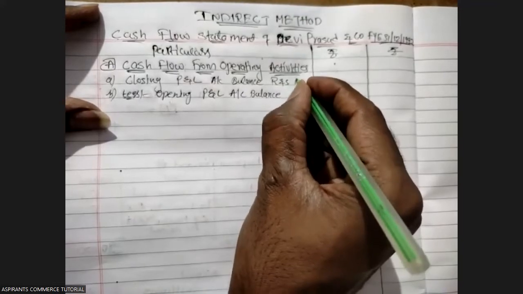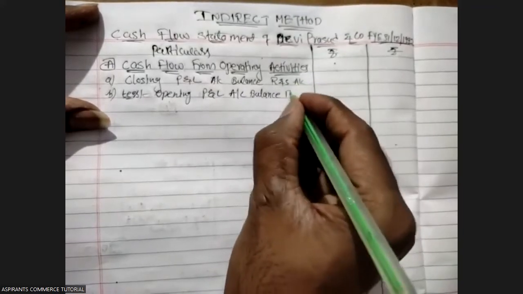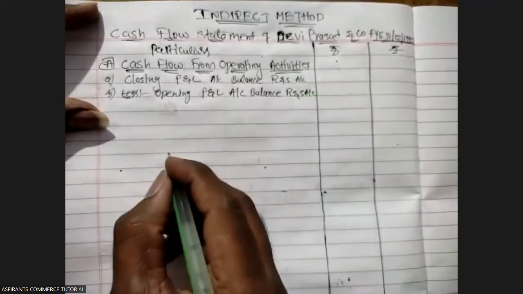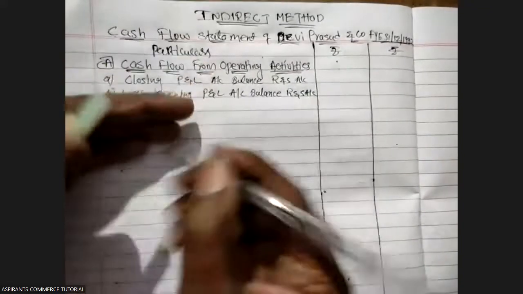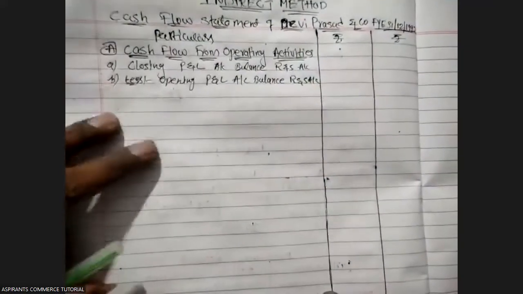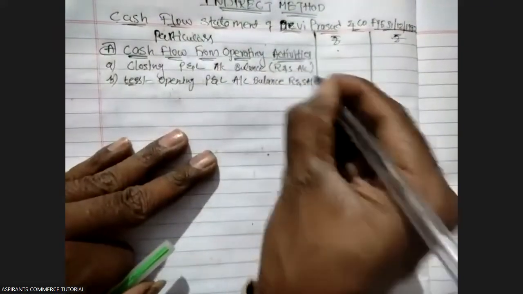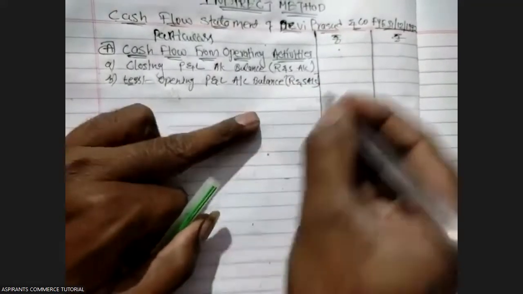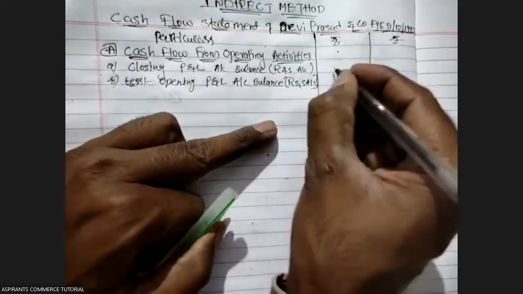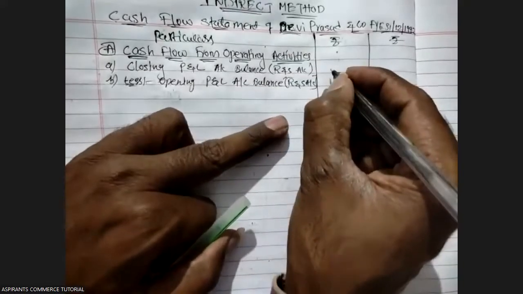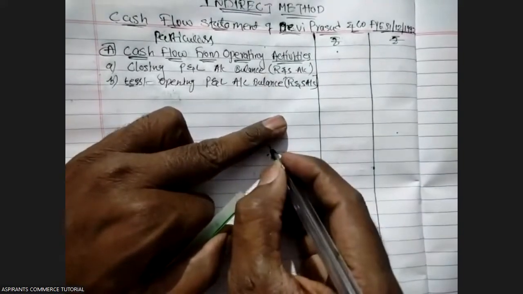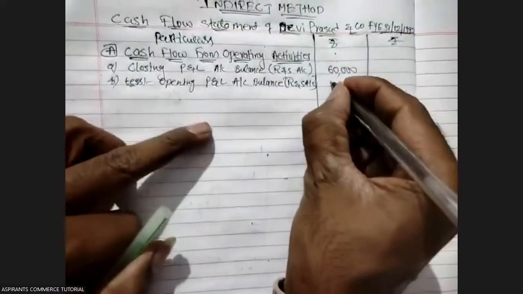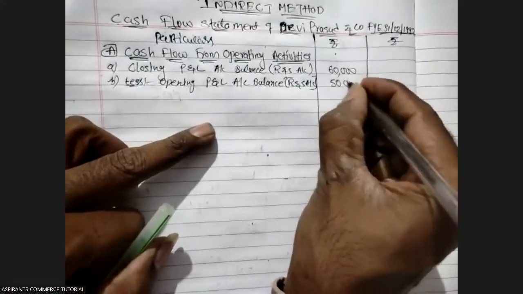If total information is not there, you consider reserves and surplus as your P&L account balance itself. There is no detailed note. So reserves and surplus opening is how much? Closing is how much? Closing, you tell me first. 60,000 closing. Opening is 50,000, right?